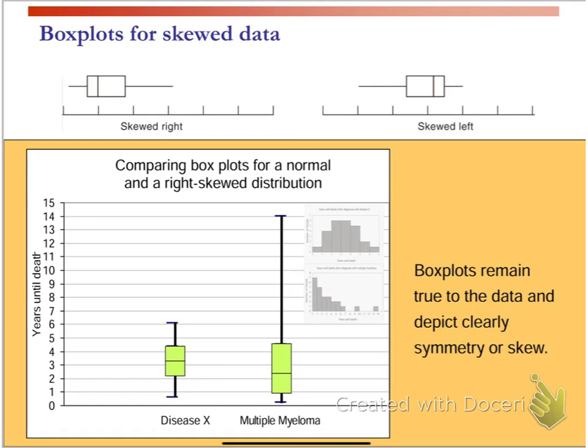So here also we have one slide about the box plots. If you recall, we have already studied the box plots, so we have one slide on it, just reminding us about anything which is irregular or uncommon on the box plots. So here it talks about the box plot and skewed data.